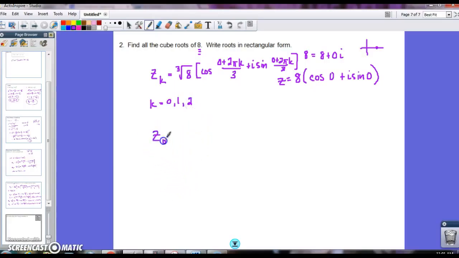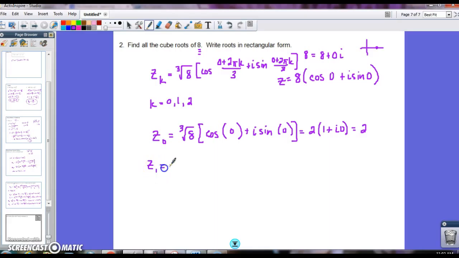So z sub 0 is going to be the cube root of 8 times the cosine of 0 plus i sine of 0. Cube root of 8 is 2. 2 times cosine of 0 is 1. Sine of 0 is 0. So that would just give you 2.